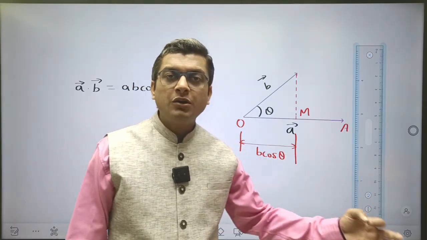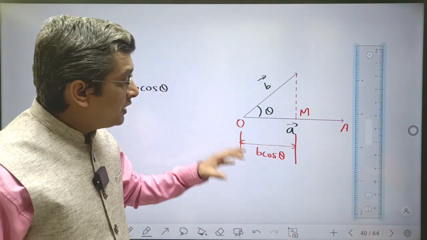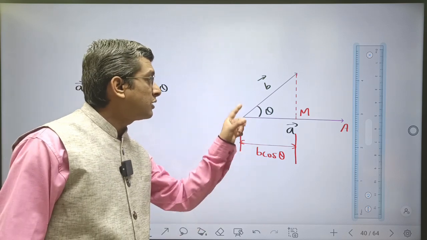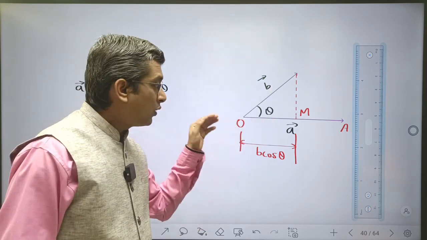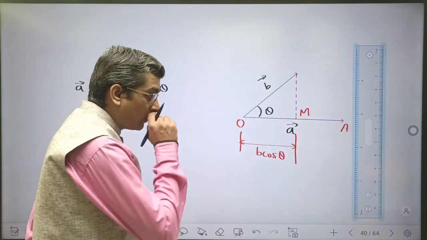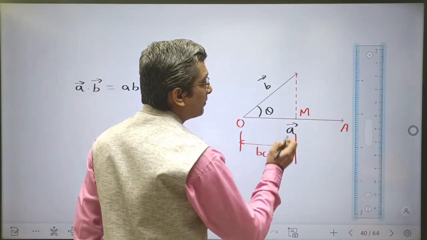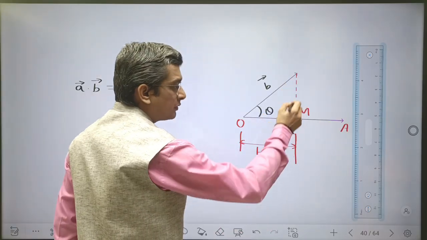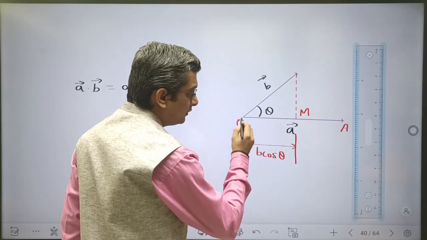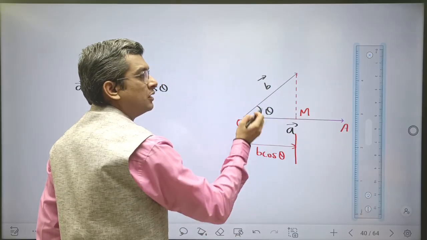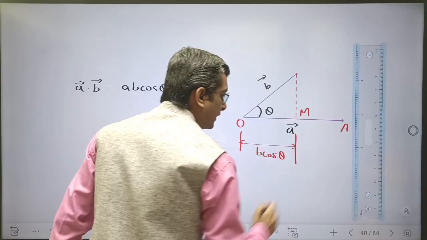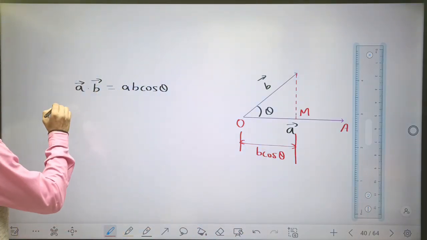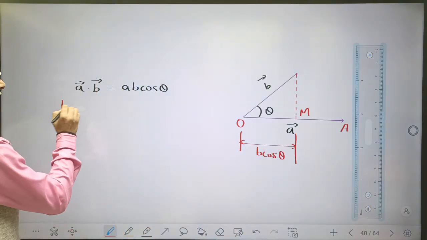Just 15 to 20 minutes before, we learned how to take the component of any vector along any line. What was the procedure? First, we drop a perpendicular from the head of this vector to this line. Suppose the perpendicular meets this line at point M, then this OM will give the component of vector B along this line OA. So this is B cos theta. So dear friends, what is this B cos theta?